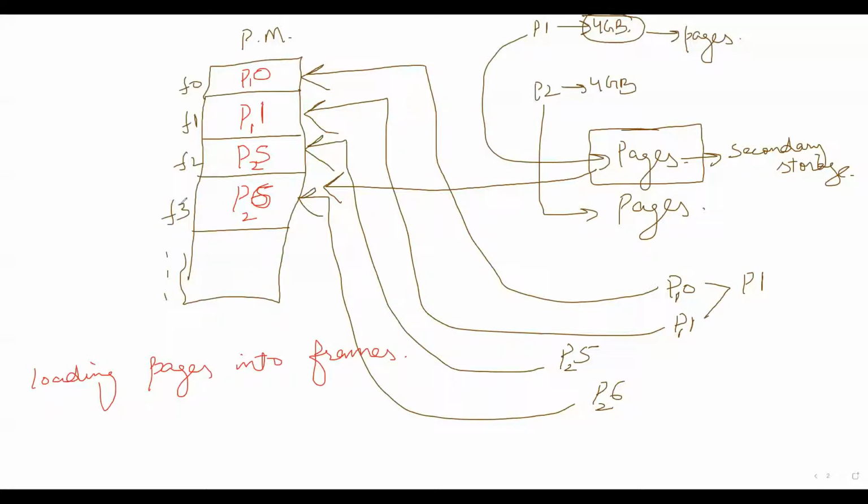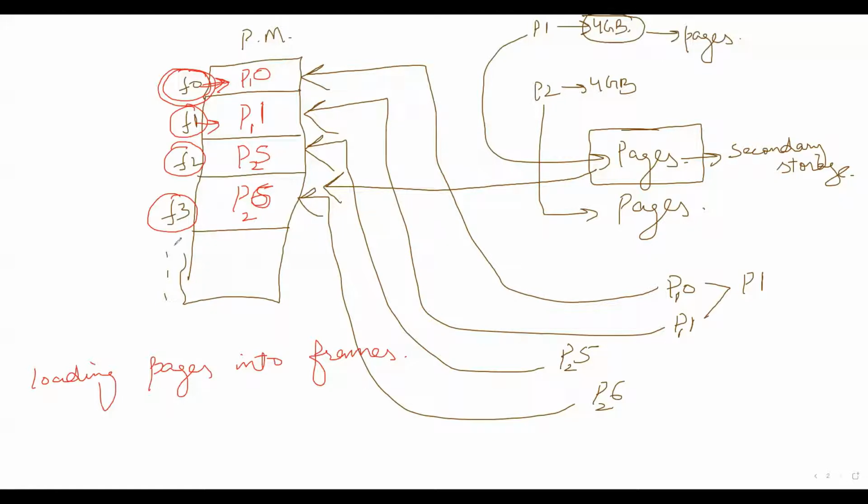But my computer system should know which frame contains which page. So for example, this frame contains page 0 of process 1. This frame contains page 1 of process 1. This frame contains page 5 of process 2, and this frame contains page 6 of process 2.